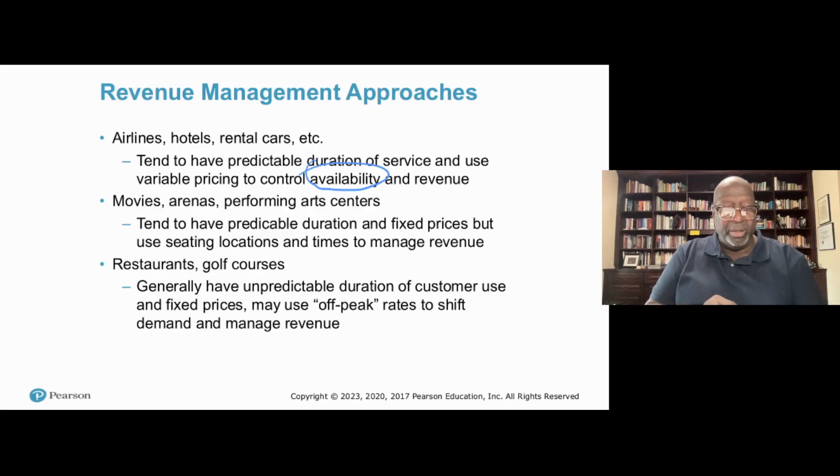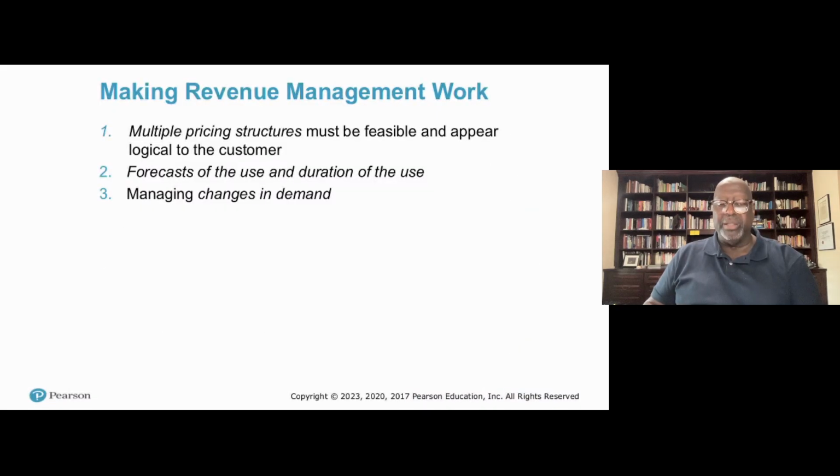Movie theaters, performing arts centers, restaurants, golf courses, all of these places have high capital intensive products that they're offering, and we are trying to find ways to maximize revenue given the large fixed costs associated with them. And then, of course, multiple pricing structures must be feasible and look logical to the consumer.